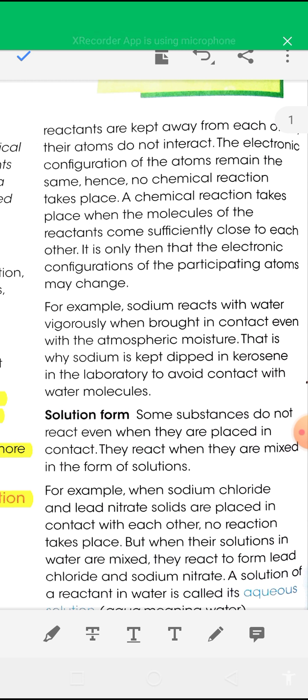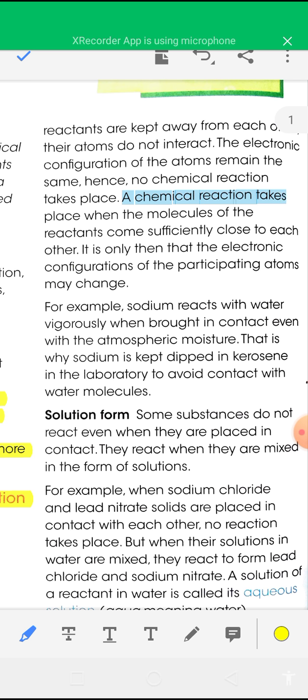A chemical reaction takes place only when the molecules of reactants come sufficiently close to each other. It is an important condition for a chemical reaction that all the reactants must come closer to each other.